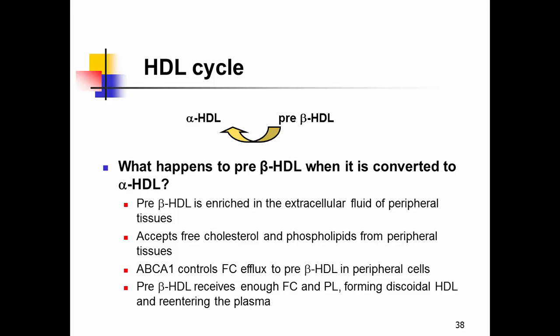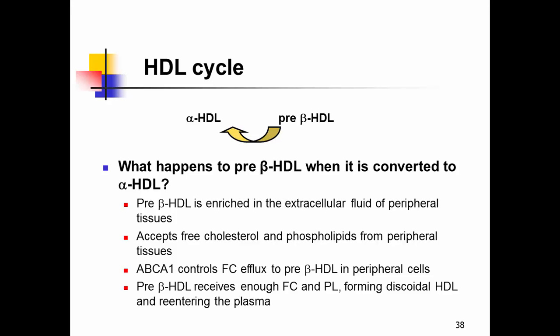Okay, now what happens to the pre-beta HDL when it is converted back to alpha HDL? So alpha HDL is more abundant in the circulation, right? They get lots of lipids, lots of cholesterol from the peripheral tissue, so eventually it is picked up by the liver, right?